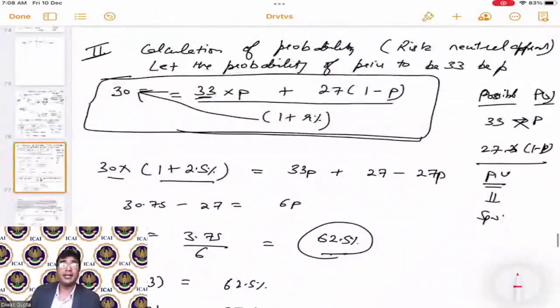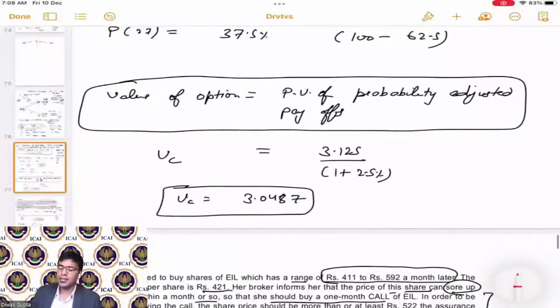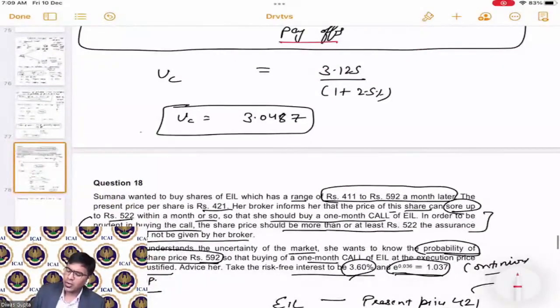Then there is another way to calculate the probability, using this equation, in which the current spot price is equal to the weighted average price multiplied by the respective probabilities, taking a present value of it. Correct? And in this case also the answer is the same. So the value of an option is the present value of the probability adjusted payoff. Simple. So this is the value of the call option.